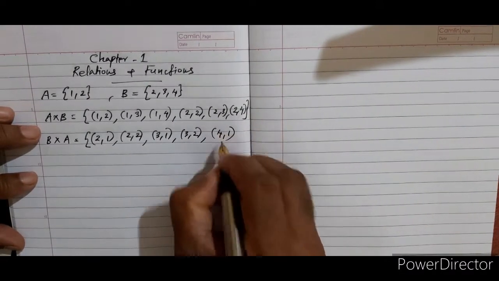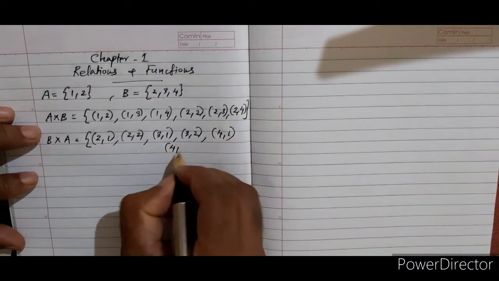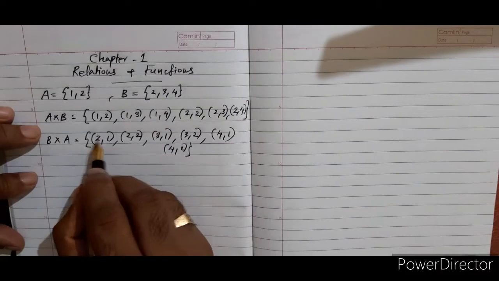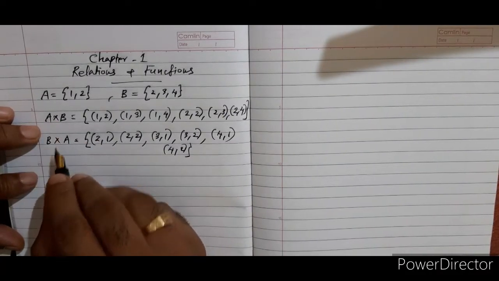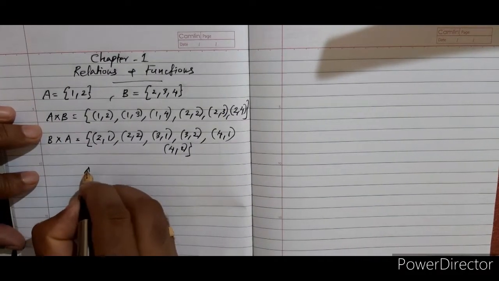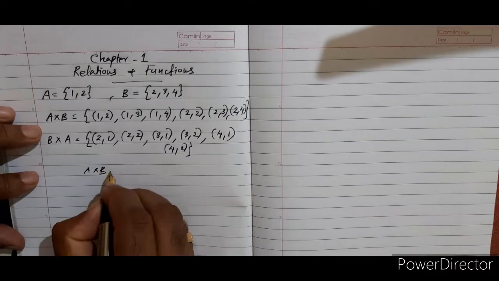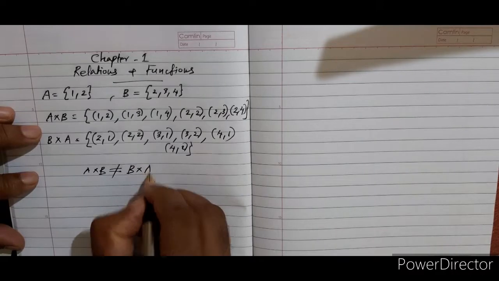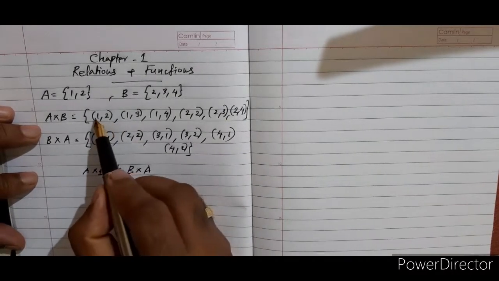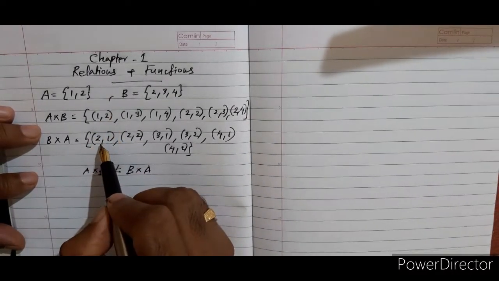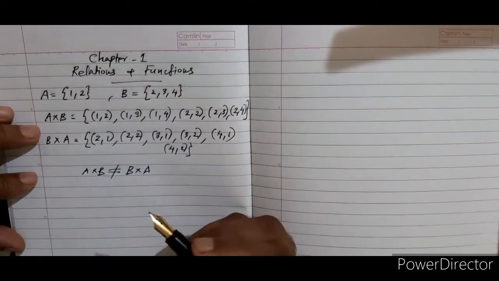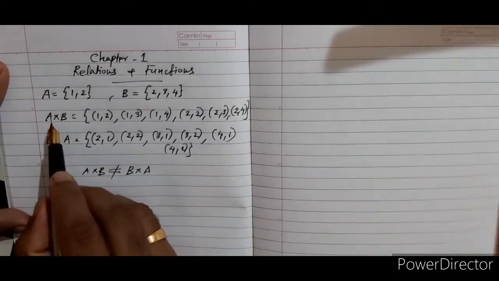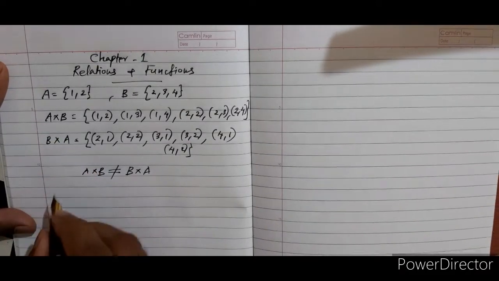Then (4, 1), (4, 2). So the number of elements is the same in A cross B and B cross A, but A cross B is not equal to B cross A, because ordered pair (1, 2) is not equal to ordered pair (2, 1). This is the way we can find A cross B and B cross A.